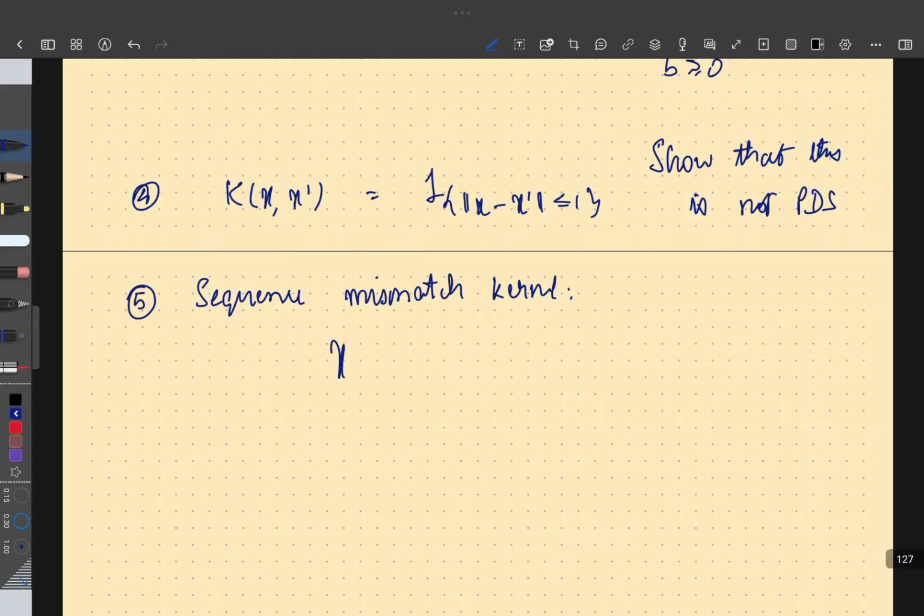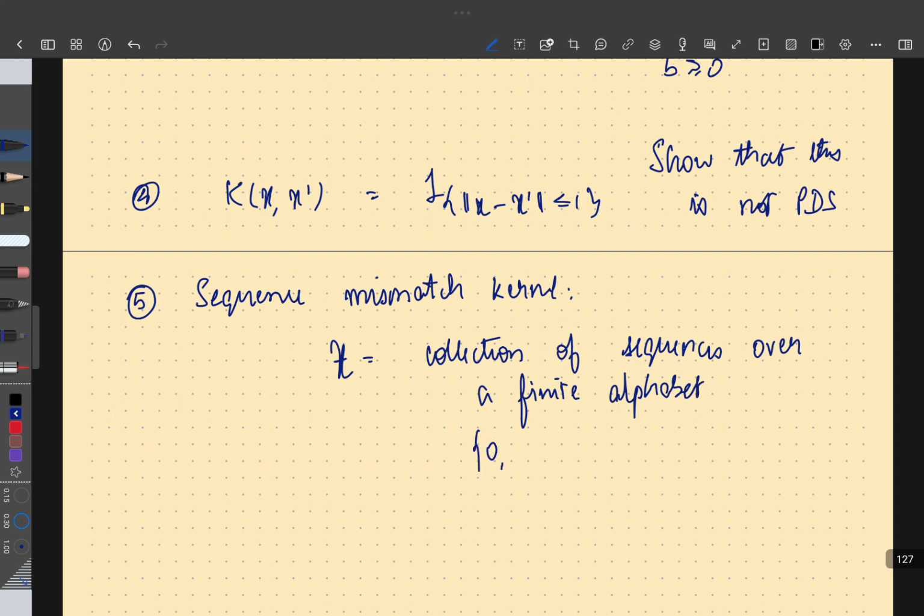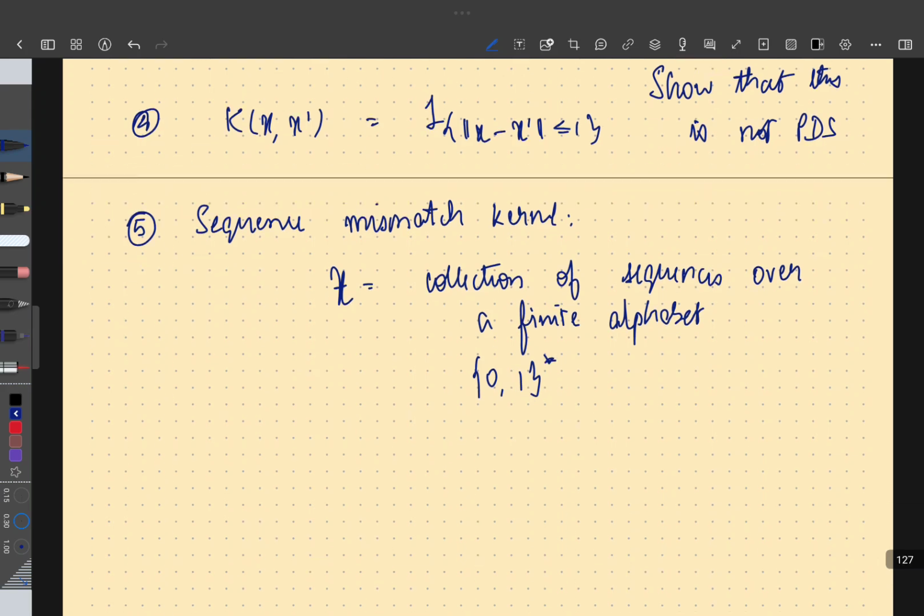X is the set of all sequences on some particular alphabet, let's say finite. For example, it could be the set of all binary strings.